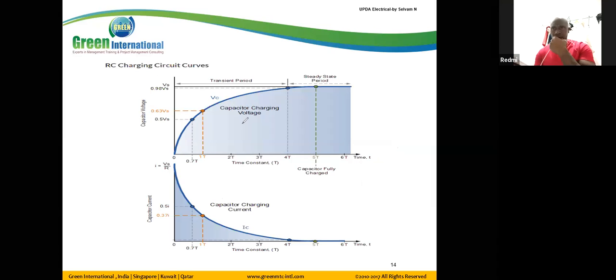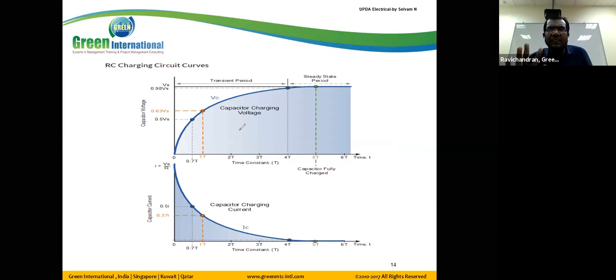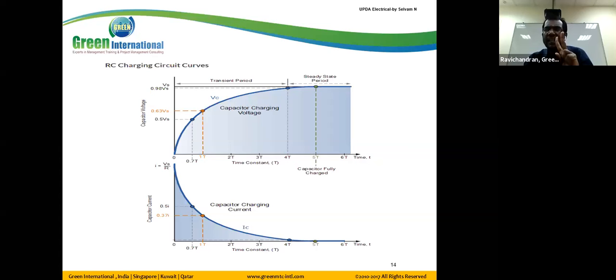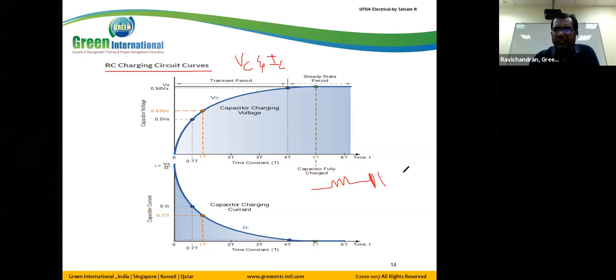Now, we are discussing the charging circuit. During the charging circuit, we have the charging voltage VC and the charging current IC. We are discussing these two things. The circuit is like this.